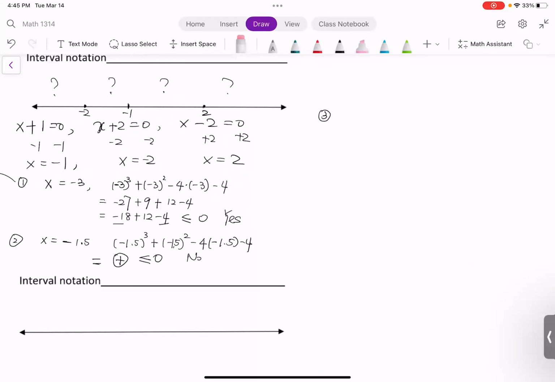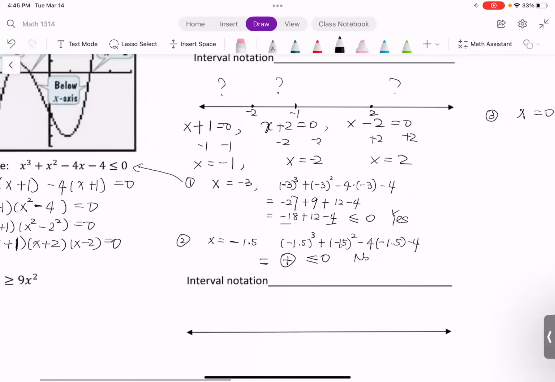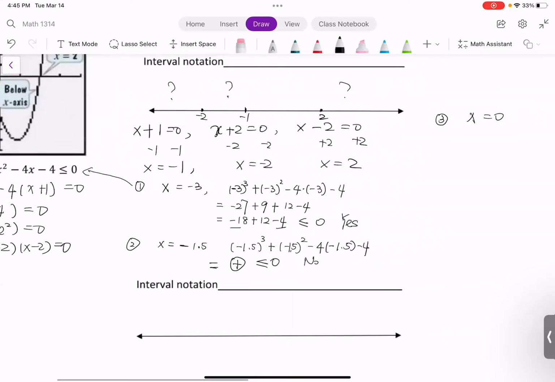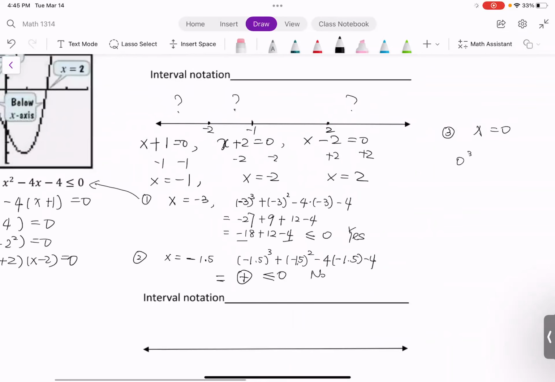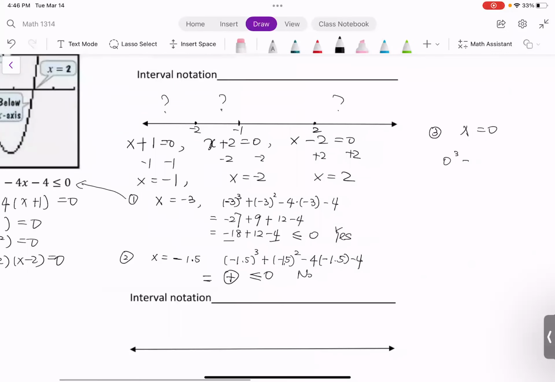And then let's try number 3. So pick a number between -1 and 2. In the third interval, I'm picking 0 because 0 is easier. X equal to 0. So here we have 0 cubed plus 0 squared minus 4 times 0 minus 4.